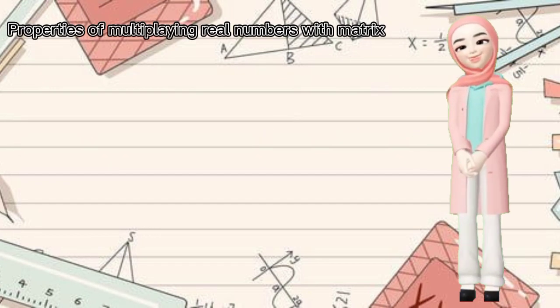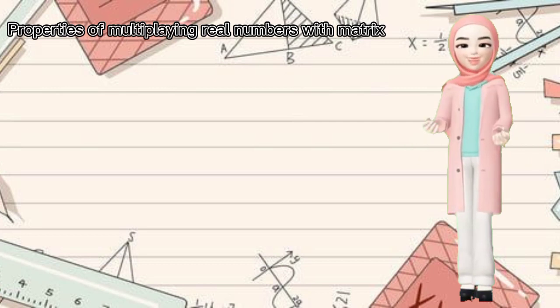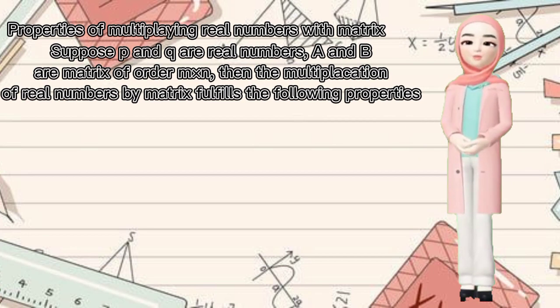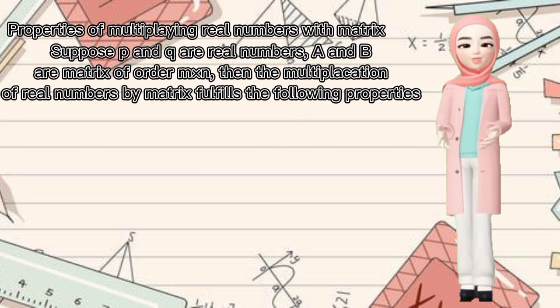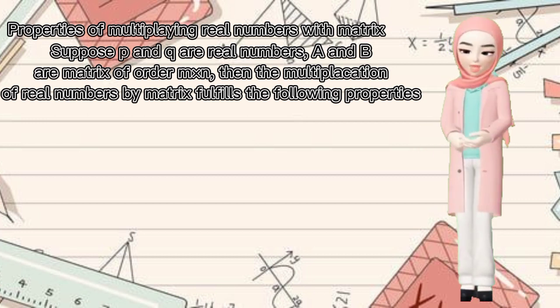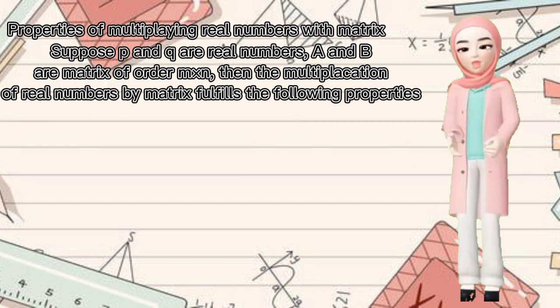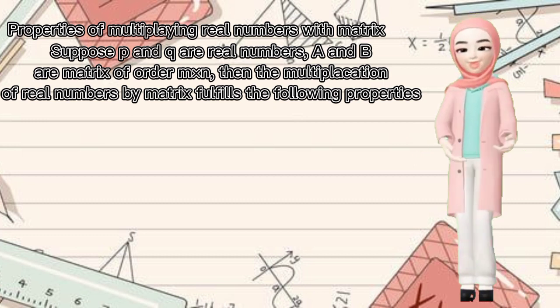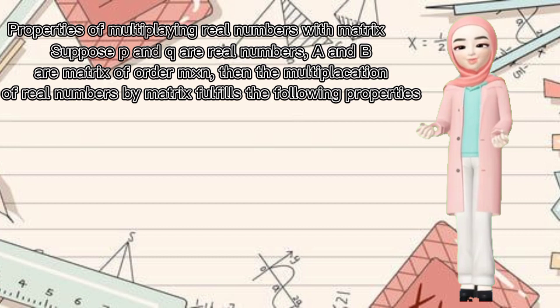Properties of multiplying real numbers with a matrix. Suppose p and q are real numbers, A and B are matrices of order m times n, then the multiplication of real numbers by a matrix fulfills the following properties. 1.